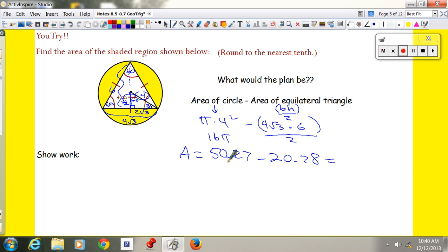And you're going to take 50.27 and subtract 20.78, 29.49 square centimeters. 29.49 square centimeters. That would be your area for the shaded region, just the shaded part. Just the shaded part. So circle minus triangle will give you the shaded part.